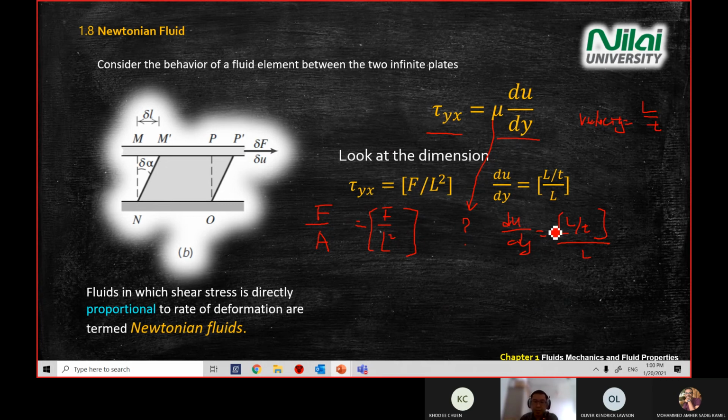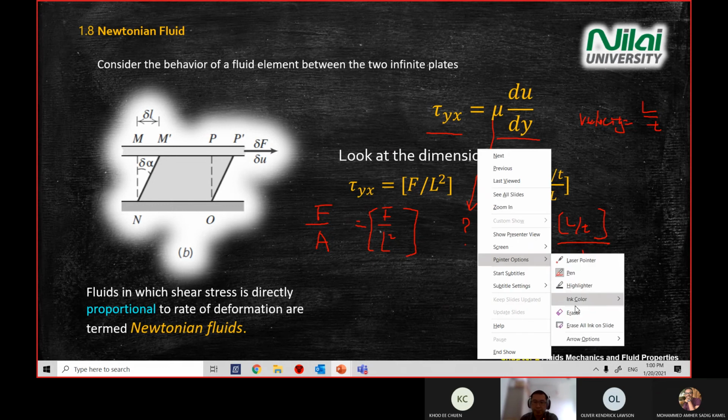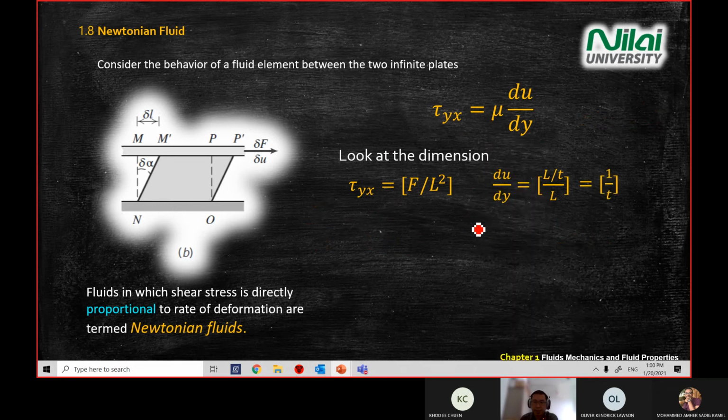You look at the left, look at the y, and try to find the missing dimension. If you cancel out, your shear rate is only 1 over t, and the dimension for mu, you will get ft divided by L square.